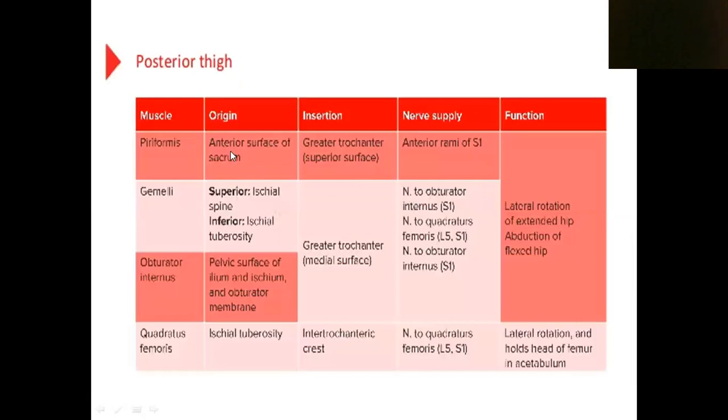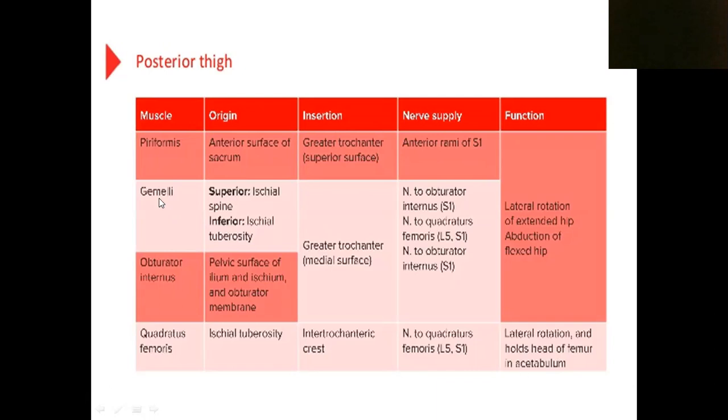It is supplied by the anterior ramus of S1, that is the sacral nerve, sacral region. All these muscles help in lateral rotation of the hip joint. So piriformis, its action is lateral rotation.